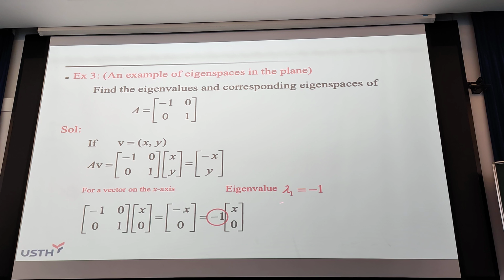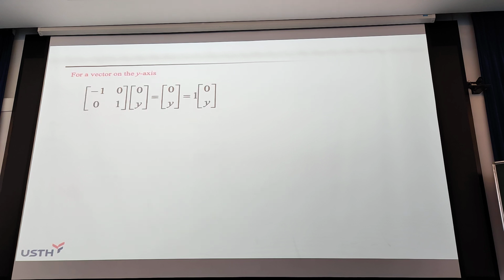And for any vector lying on the y-axis, if we multiply, we get 1 multiplied by that vector. It means that 1 is an eigenvalue. So the matrix has two different eigenvalues, minus 1 and 1.